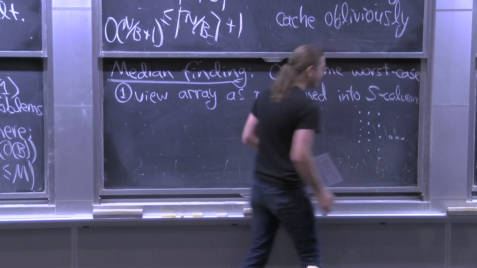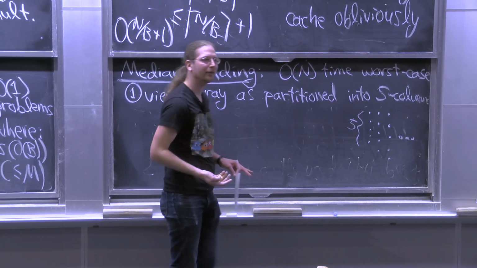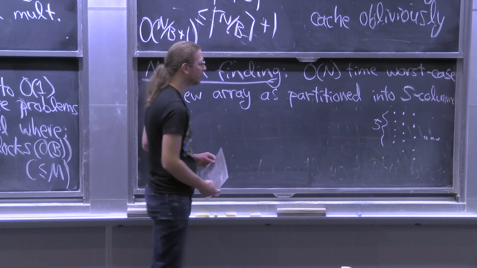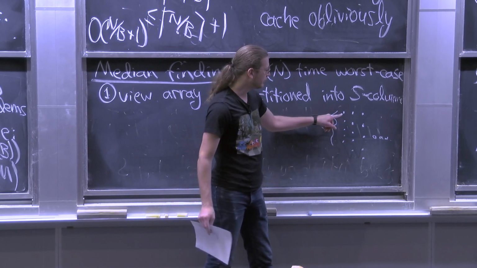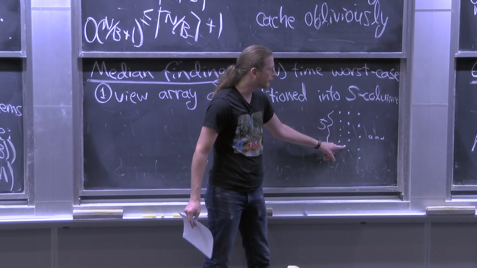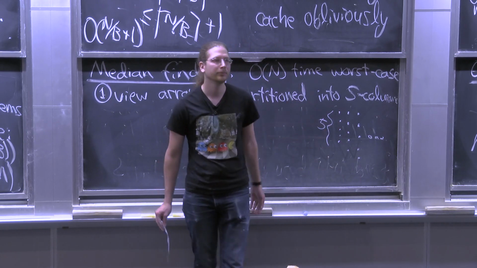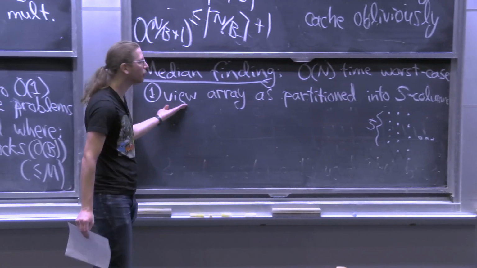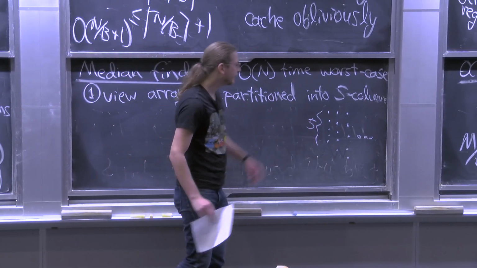This is dot, dot, dot. So this was 5. Now, we didn't talk about it then, and there's a few different ways you could actually implement it. But let's say the actual array is one-dimensional. Let's say these are the first 5 items. These are the next 5 items. So in other words, this matrix is stored column by column.